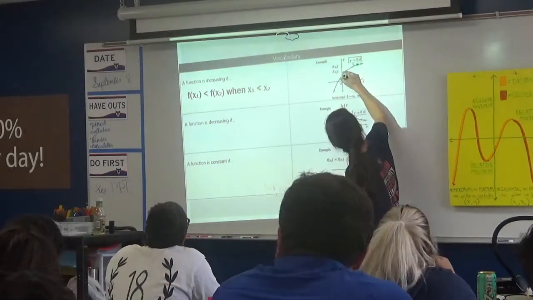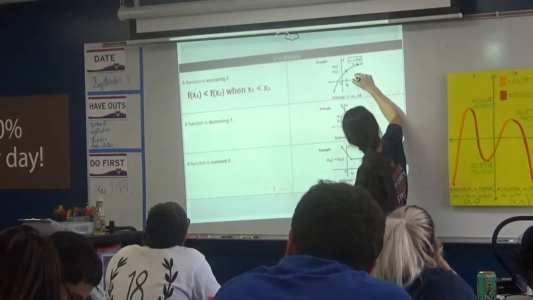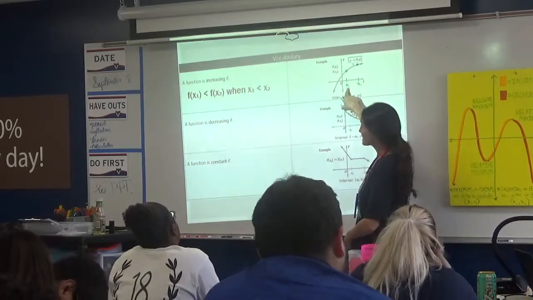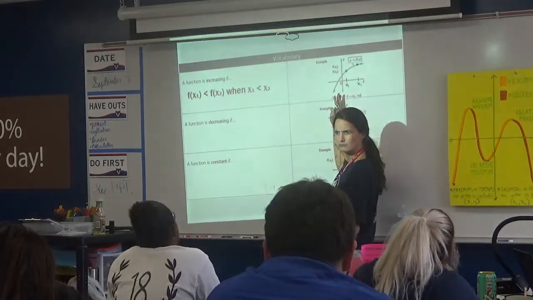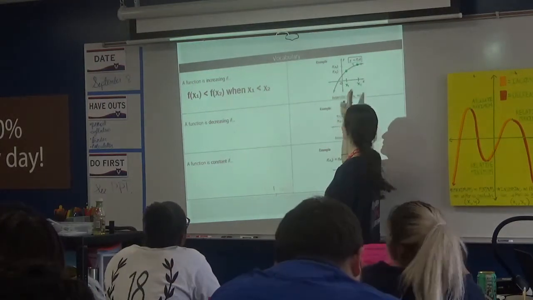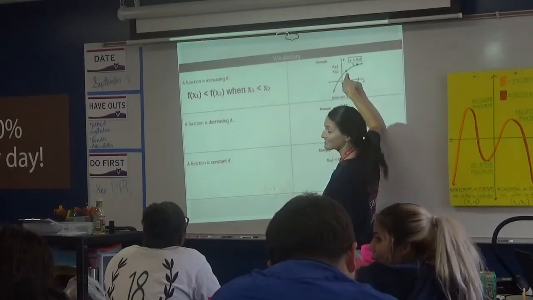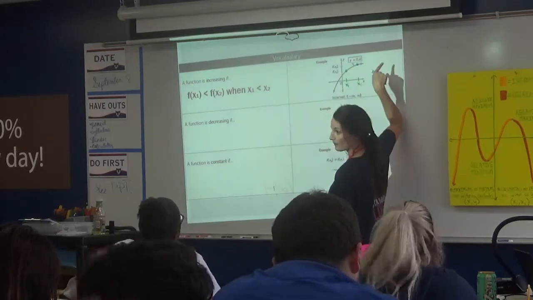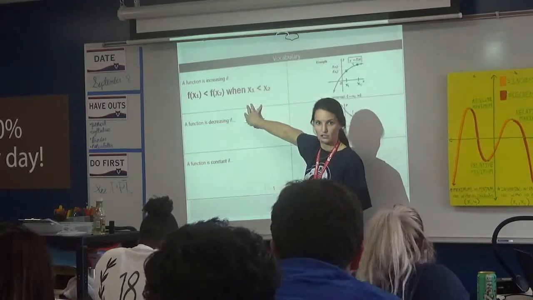When x1, the x value that went with this one, is less than the x value that went with this one. That means if this x value is behind x2, then this has to be smaller and this has to be greater if it's going up. Okay? So that's mathematical notation for describing increasing.